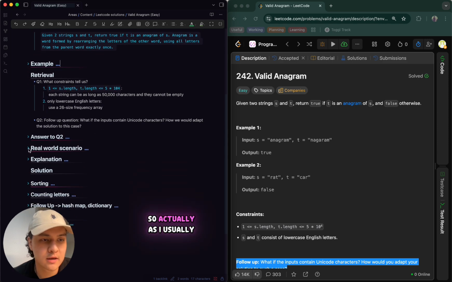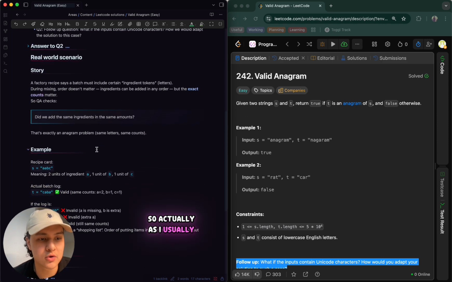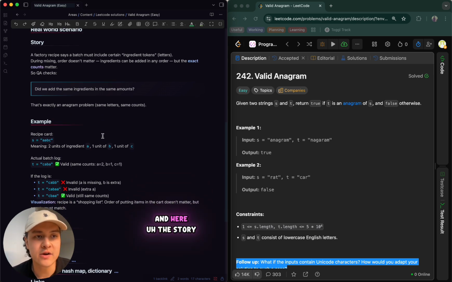As I usually do when I solve such Leetcode problems, I try to imagine what this problem might be in a real-world scenario. The story is that a factory recipe says a batch must include certain ingredient tokens.